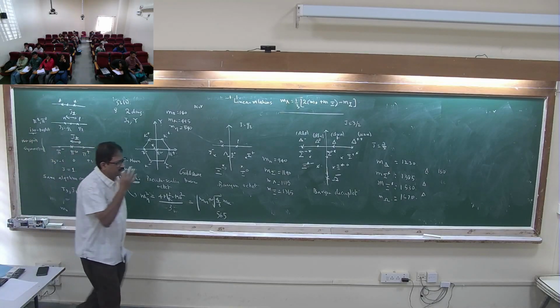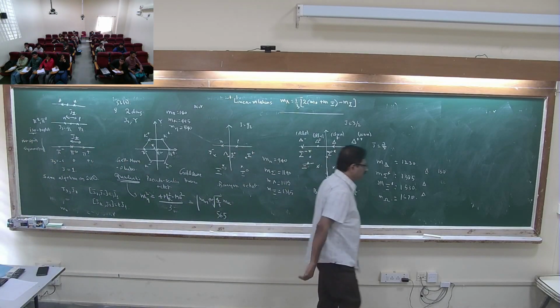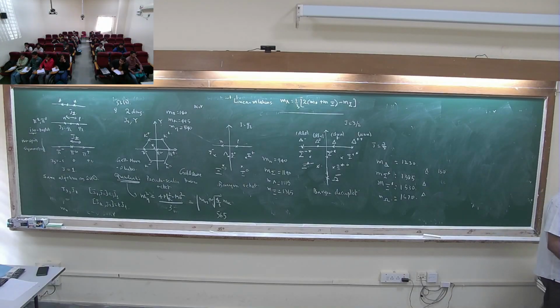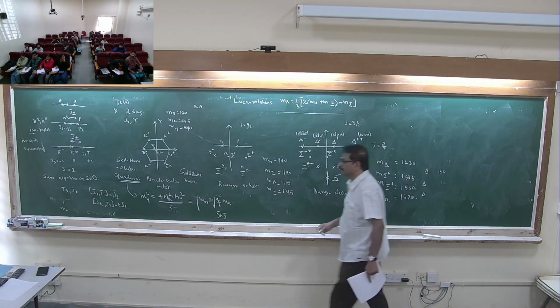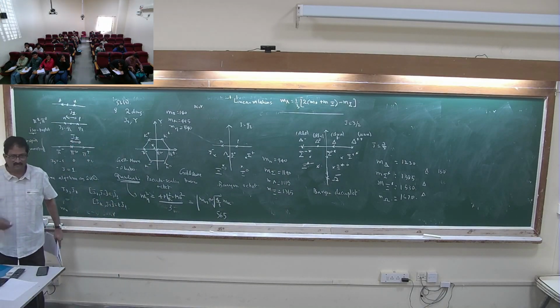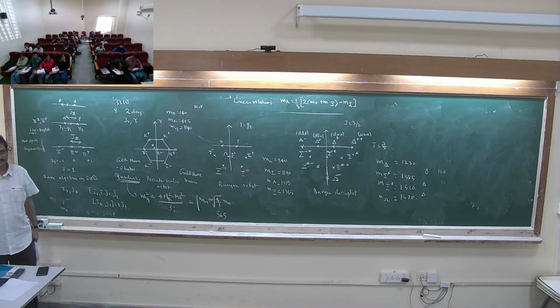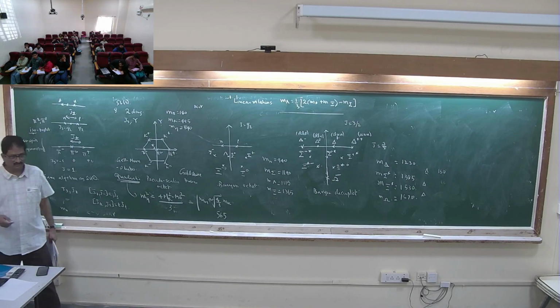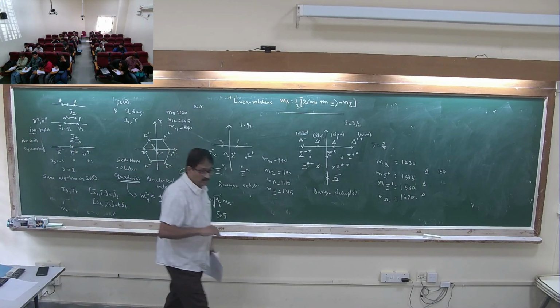So if you have a graviton, what are the possible allowed spin states? Plus 2 and minus 2. You have a photon, plus 1 and minus 1. You have a gravitino, plus 3 by 2 and minus 3 by 2. So that's how it works.